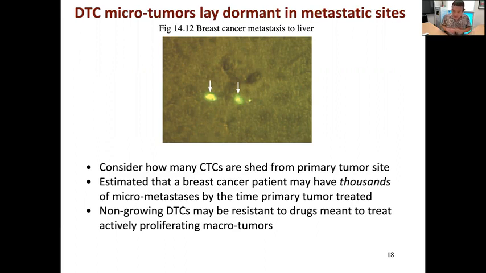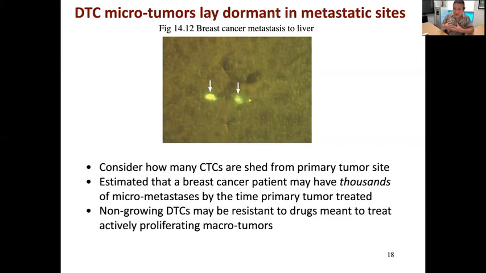One problem with this, though, is that because these micrometastases are spread out through the tissue, they're too small to be detected, right? Because they may only be a handful of cells, and they're not really actively dividing. So as a result, when that patient gets different types of chemotherapy treatments that are meant to target the primary tumor and try to get it to shrink, that primary tumor is still going nuts, right? It's still rapidly dividing.